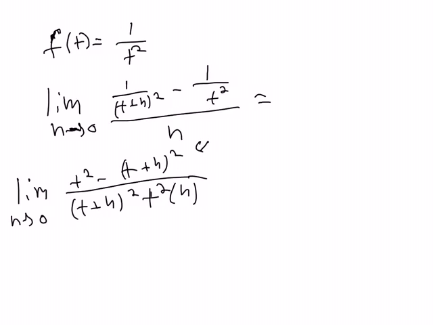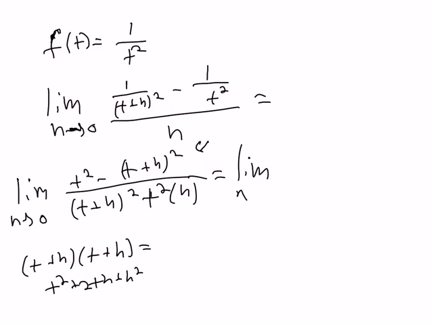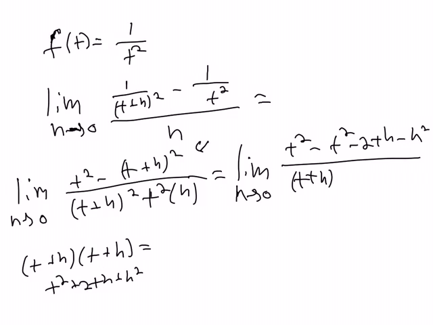So up here we get, so (t plus h) times (t plus h) is equal to t squared plus 2th plus h squared. So this is equal to the limit as h goes to 0 of t squared minus t squared minus 2th minus h squared, right, all over (t plus h) squared times t squared times h.